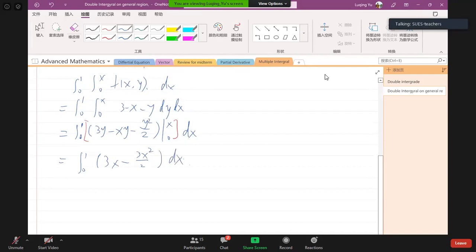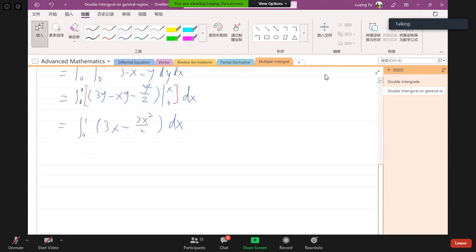For this time, x is the variable, so it's no longer constant anymore. Then you're just doing the integral: 3 over 2 x squared minus x cubed over 2, with x from 0 to 1, and finally it's equal to 1. Okay, so this is the solution for our example 1.